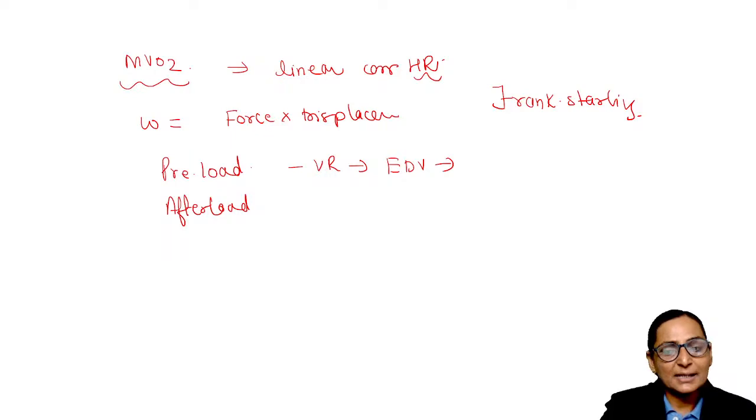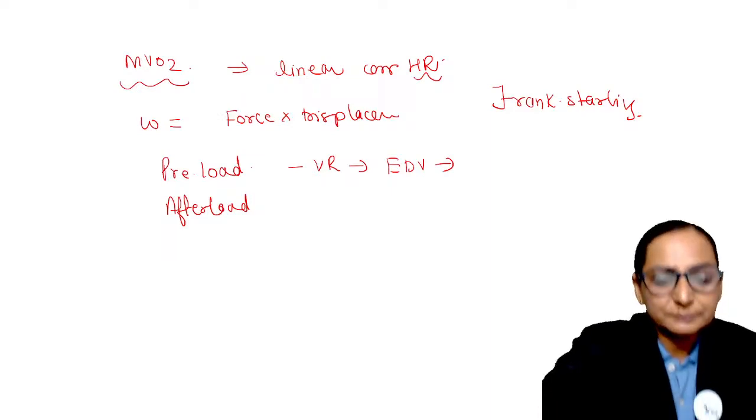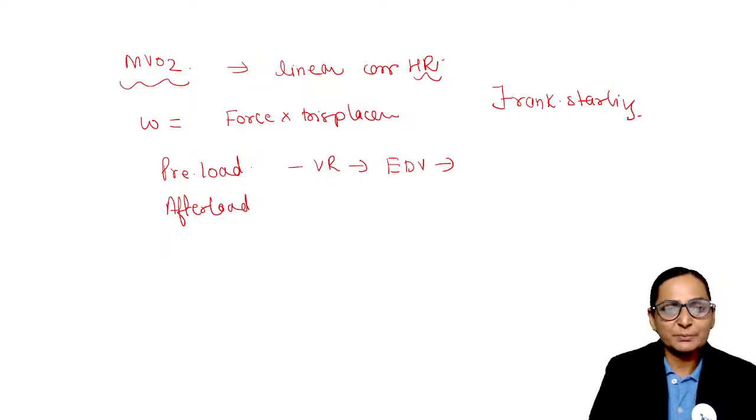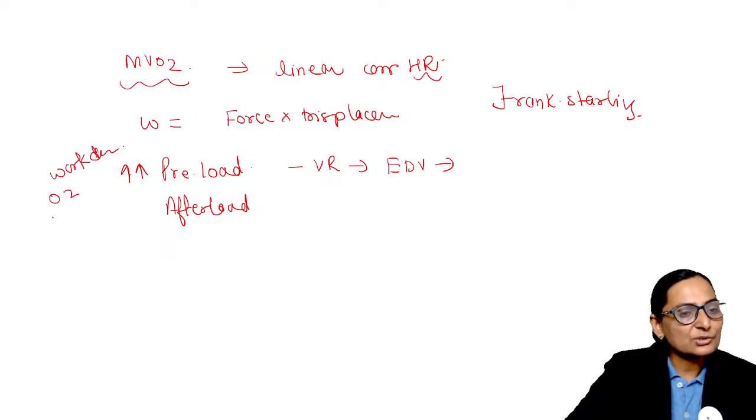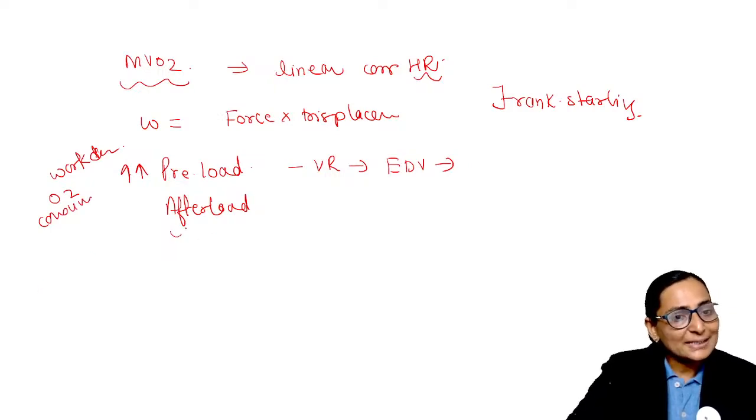So the Frank-Starling's law is totally based upon your length tension relationship, that is based upon the active tension that will be developed with the maximum cross bridge activity. So if you increase the preload, then also the work done is going to increase and the oxygen consumption is going to increase. Okay? But if you increase the afterload, what is afterload?